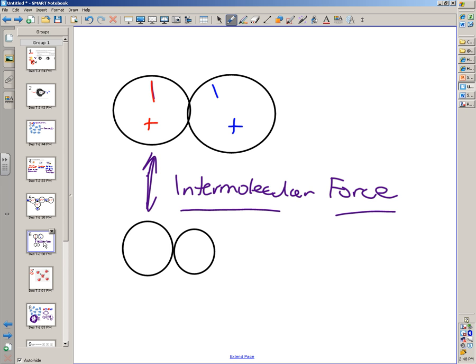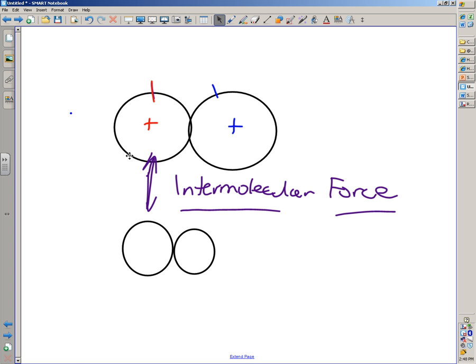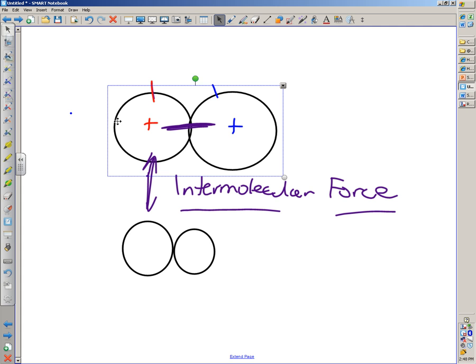We said these are tightly attracted to one another, right? But is this group on the top tightly attracted to this group on the bottom?